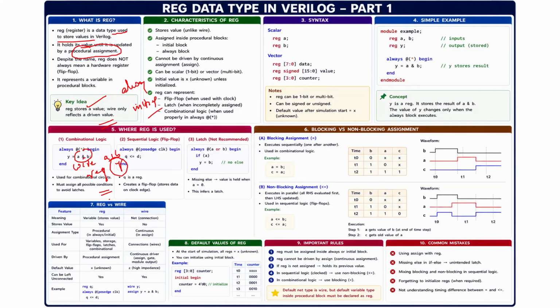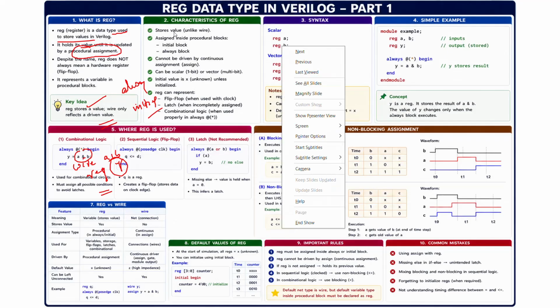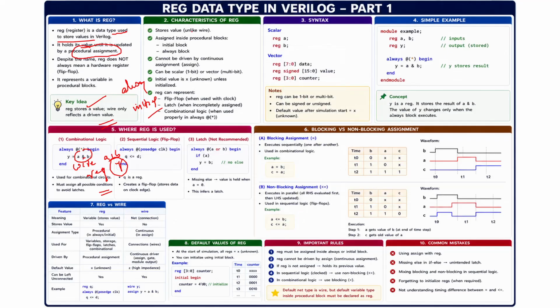It must be assigned for any latches or flip-flops. So we use reg type for storage devices, and we avoid wires when storing values in latches. It stores values unlike the wire, and it is used in procedural blocks. In procedural blocks we have the initial block and the always block.